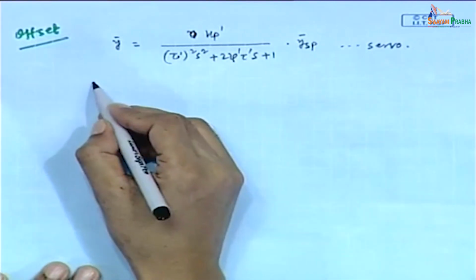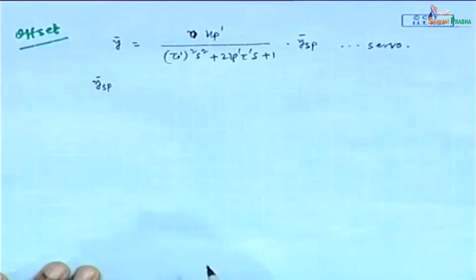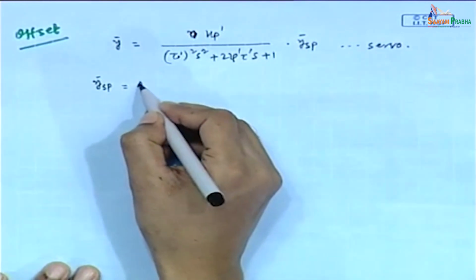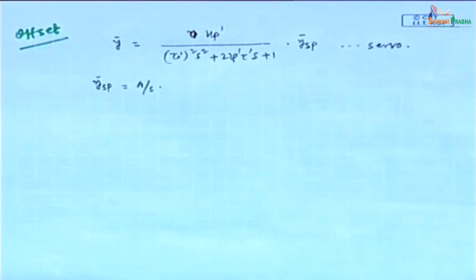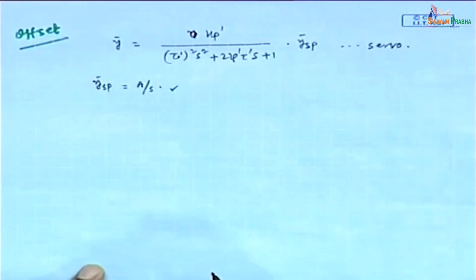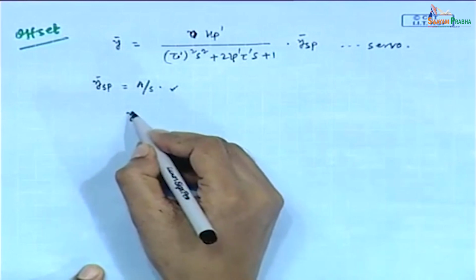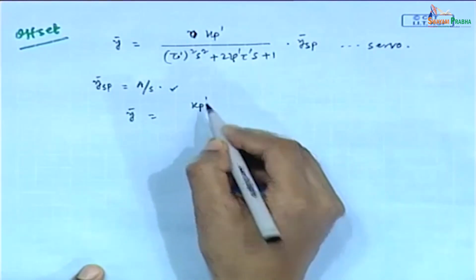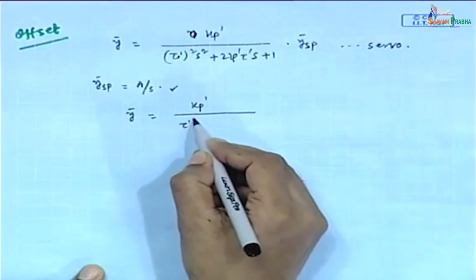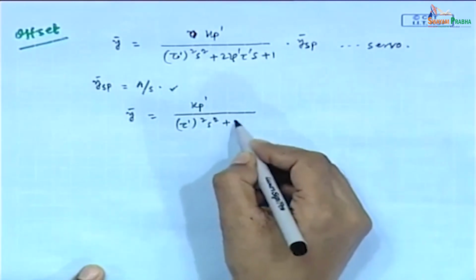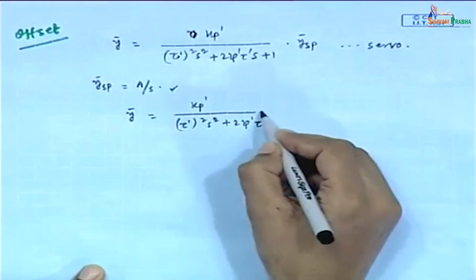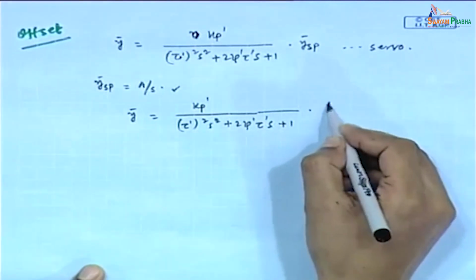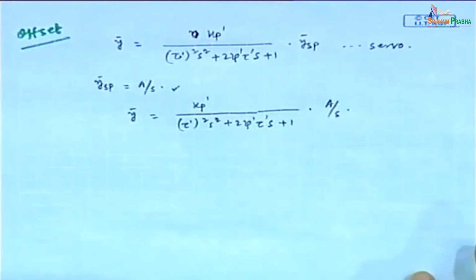Now we will consider a step change in set point with magnitude A. We wish to determine the offset by introducing a step change in set point with magnitude A. So considering y set point equals A by s, the closed loop response becomes Kp prime divided by tau prime square s square plus 2 zeta prime tau prime s plus 1, multiplied by A by s.